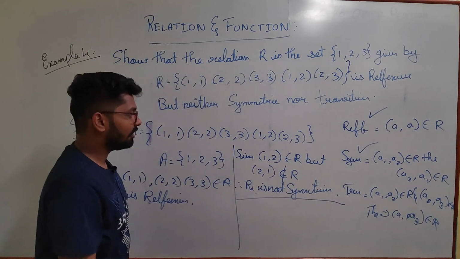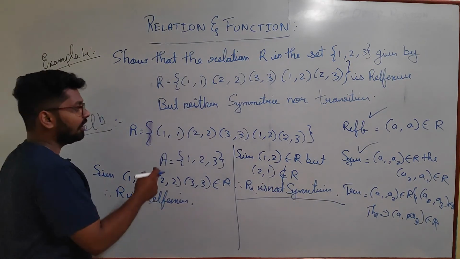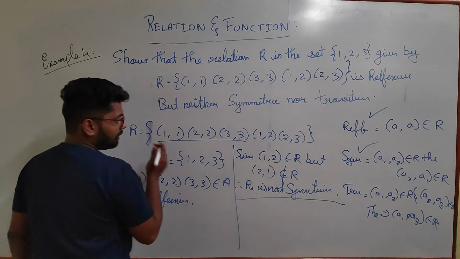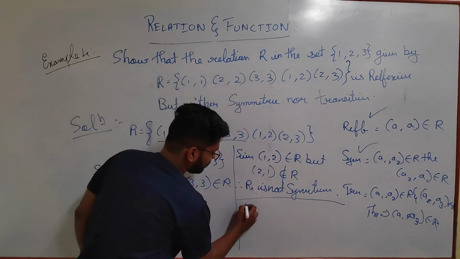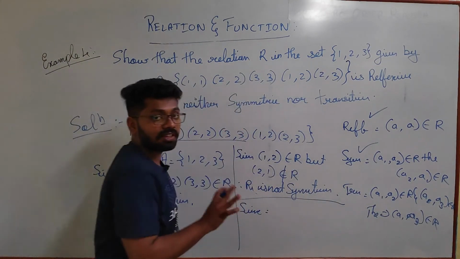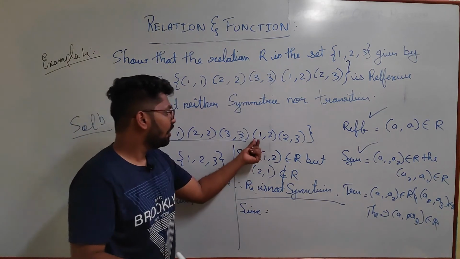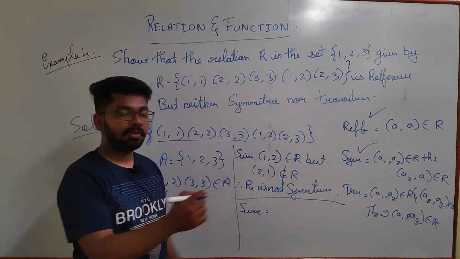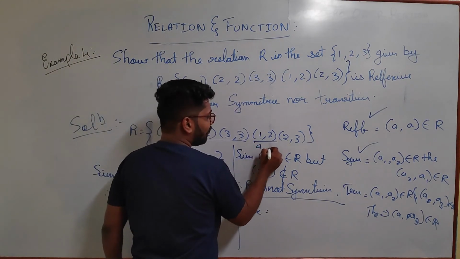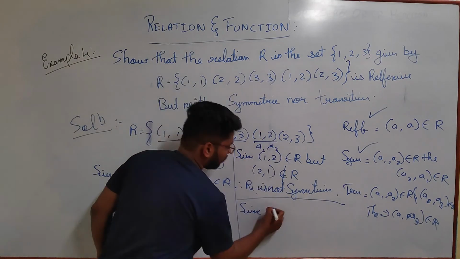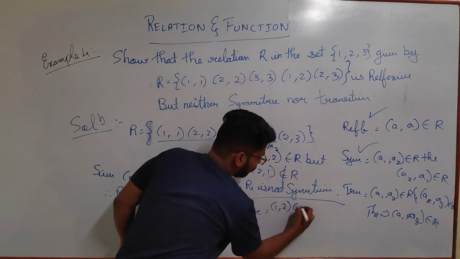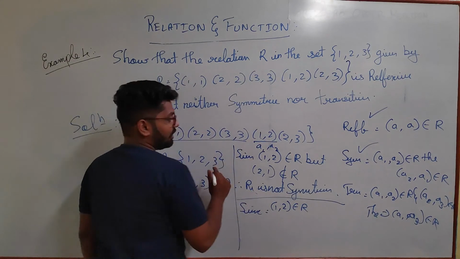So the last part here we will discuss is transitive. So all these are to be left out. Now look at the definition once and then come back here. Since (1,2) belongs to R, it is acting like (a1, a2) belongs to R. Yes, it belongs.